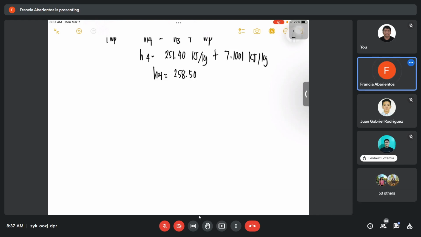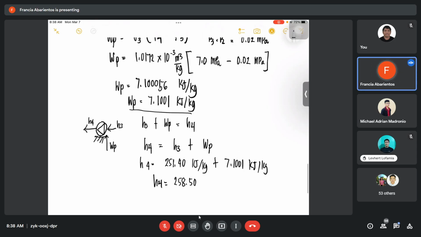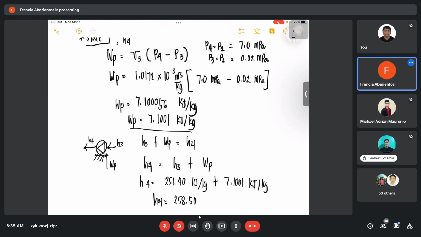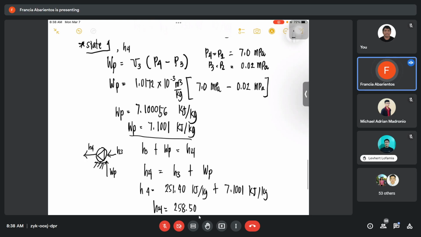Ma'am, question lang po, yung sa work po, yung 7.2, wala po siyang times 10 raised to negative 3, tatanggalin po yun? Okay, good question. Take note that here we have times 10 to the negative 3 and this is in MPa.